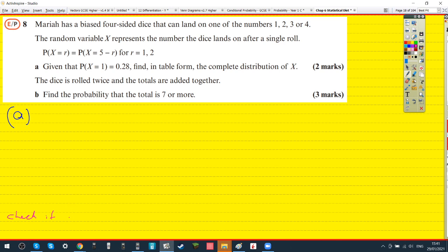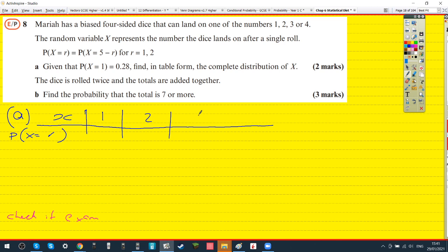So X and then 1, 2, 3, 4. Yeah. And then do we then do probability of X equals R at the bottom? Well done. That's 1, 2, 3, 4. Yep.